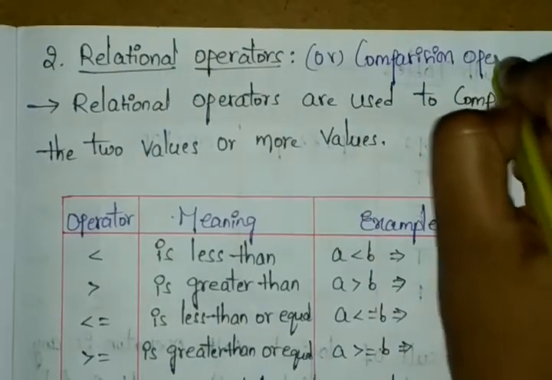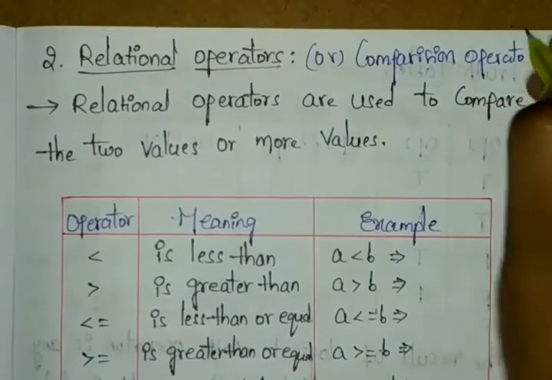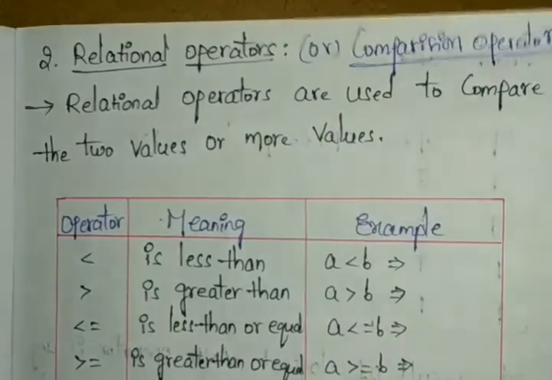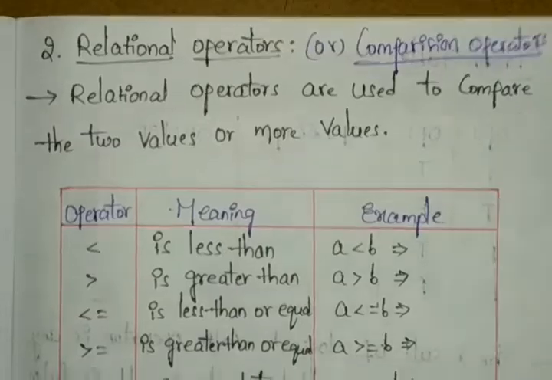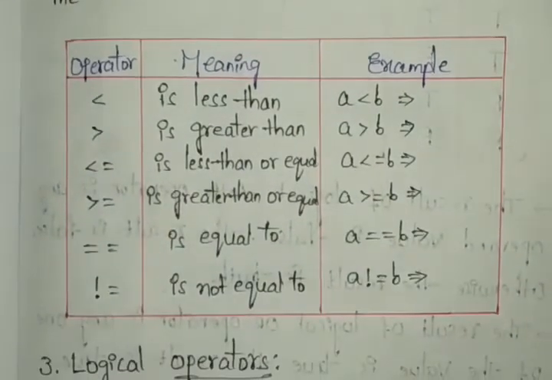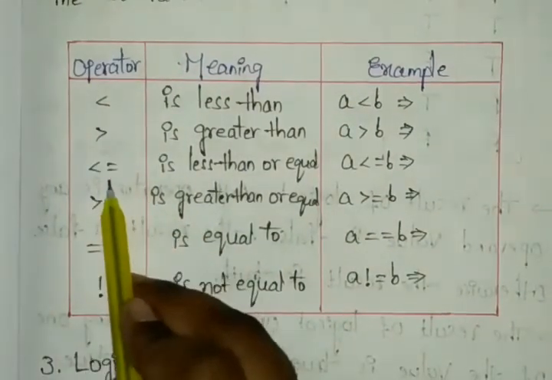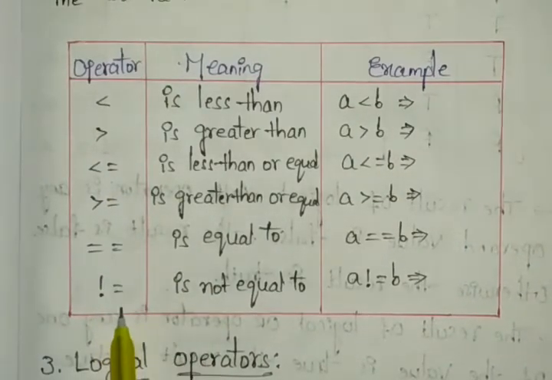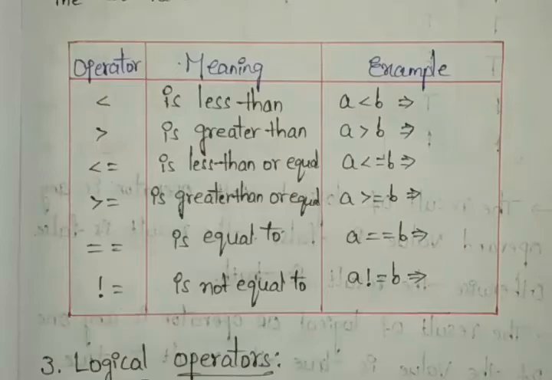So in this we can compare two or more values. Here we have the operators like less than, greater than, less than or equal to, greater than or equal to, equal to, and not equal to.